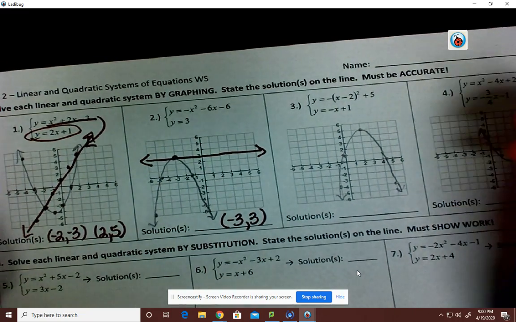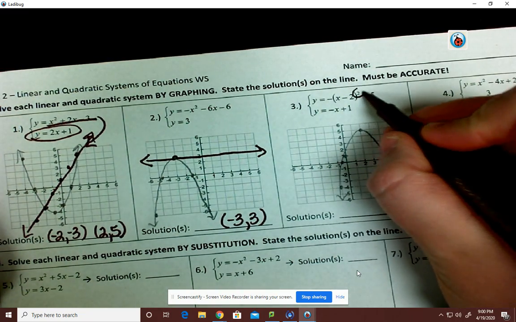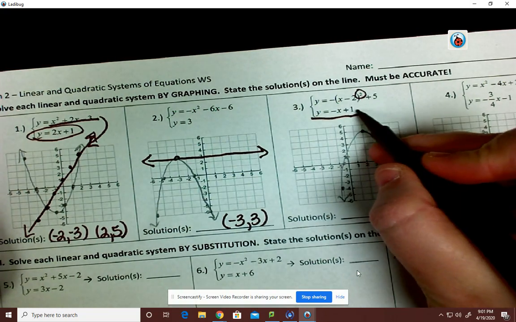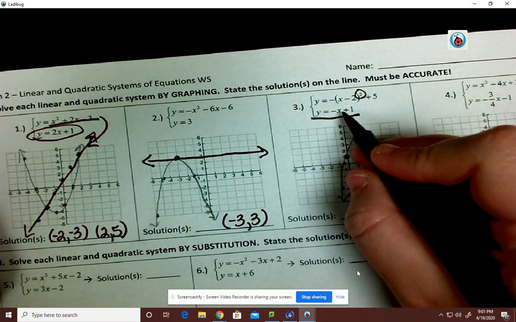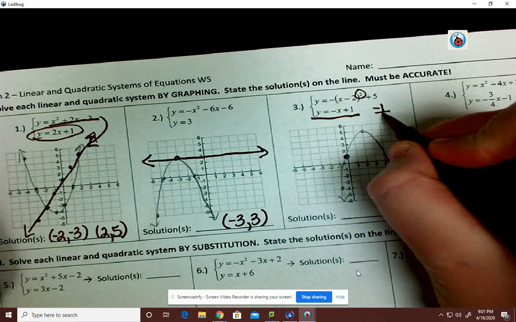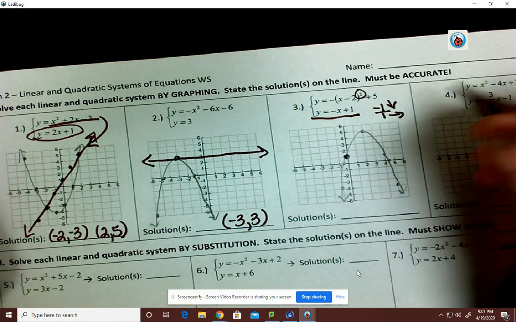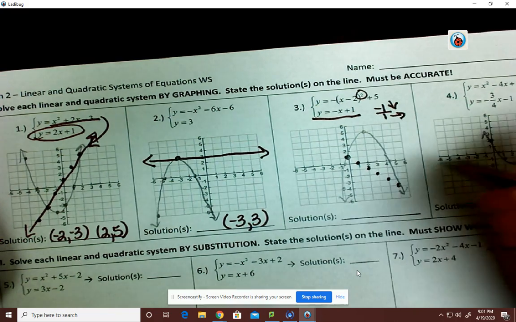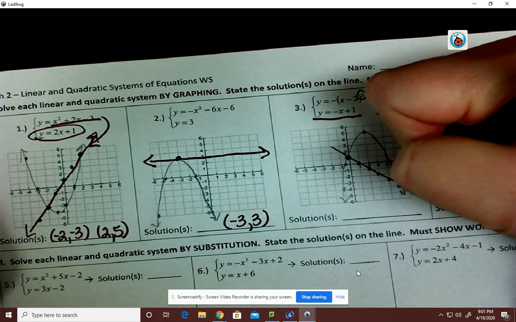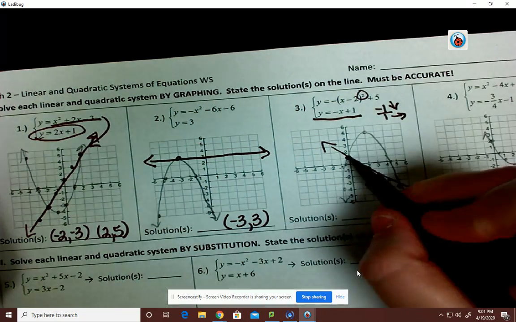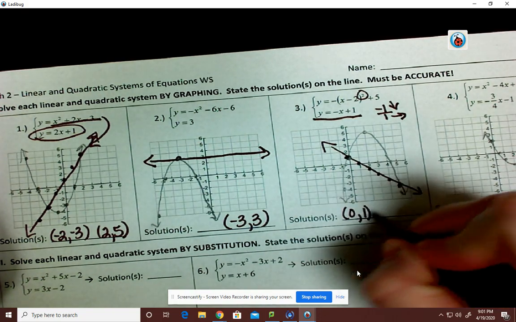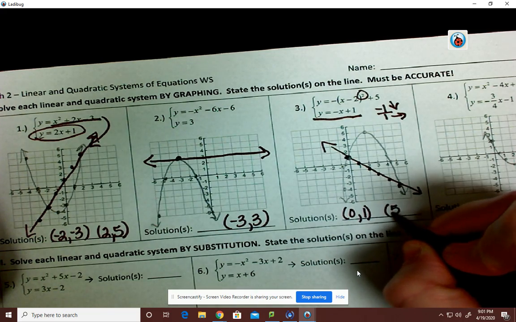On this one, the quadratic function is the one with the exponent of 2, so I'm graphing this one. The y-intercept is 1, and the slope, when I don't see one, is -1, so I go down 1 and right 1. I draw that out, and this one has 2 solutions at (0, 1) and (5, -4).